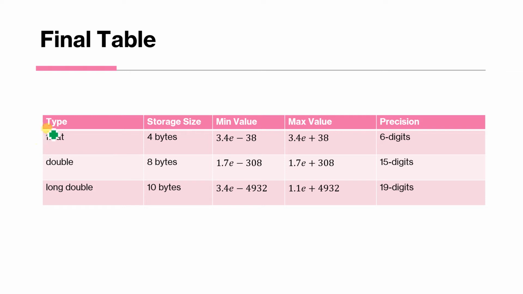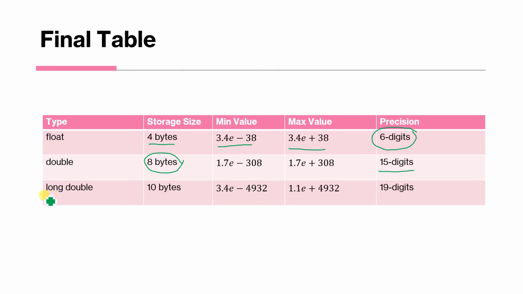Whenever you declare a variable using the float keyword, 4 bytes get allocated in memory, and the minimum value you can represent is 3.4e-38 and the maximum value is 3.4e+38, and the precision you get here is 6 digits. Similarly, if you use a double, the storage size will be 8 bytes, the values you can represent range from 1.7e-308 to 1.7e+308, and the precision you get here is 15 digits.